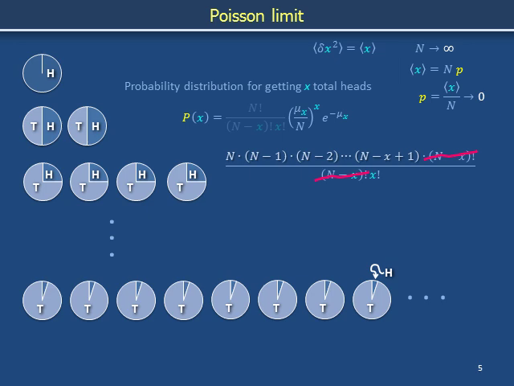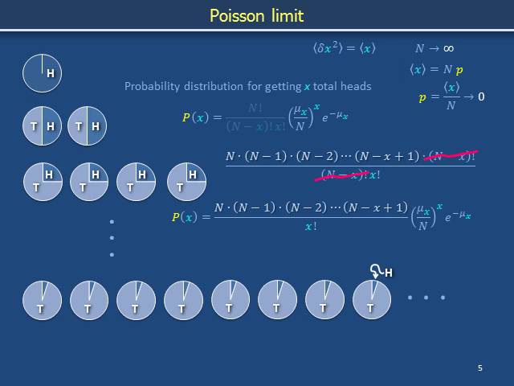Place the simplified combinatoric factor back into the main expression for the probability distribution. Because n is becoming very large, the factors of n, n minus 1, n minus 2, and so on down to and including n minus x plus 1 upstairs are each becoming close to n. Together, these factors are x copies of roughly n.